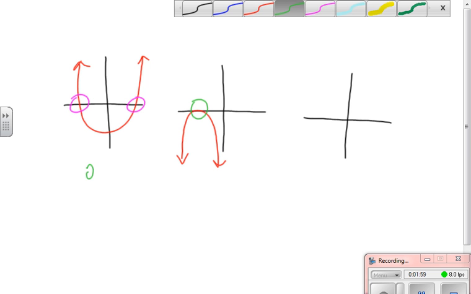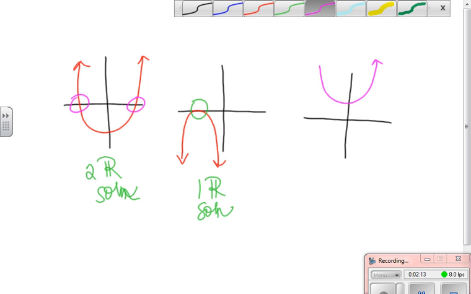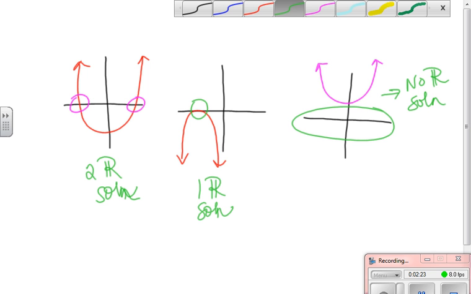So in this case, you have two real solutions. In this case, you have one real solution. And then the third option is that your parabola, either open up or open down, might never cross the x-axis. And what happens here is no real solution. And this is where our imaginary numbers come into play.